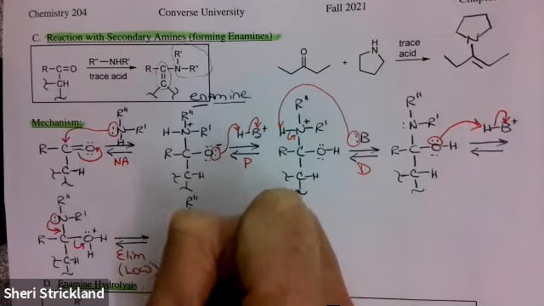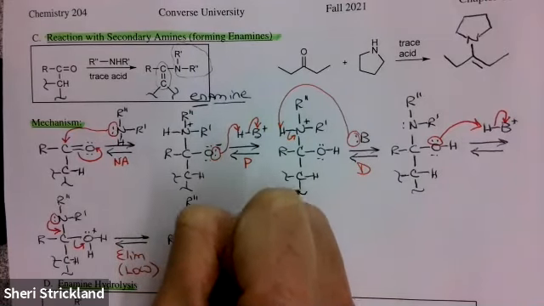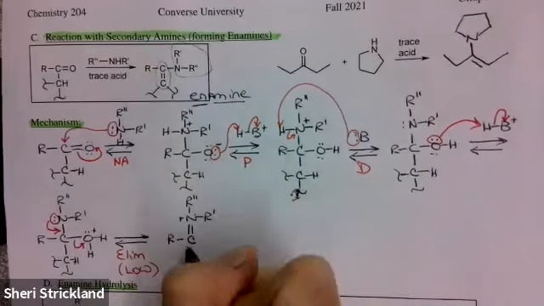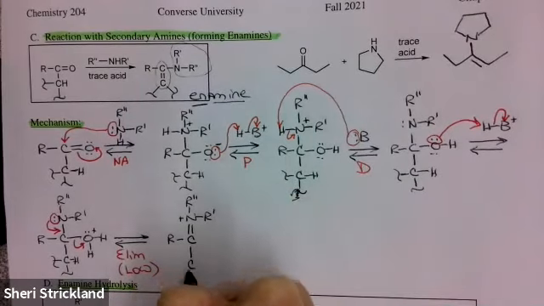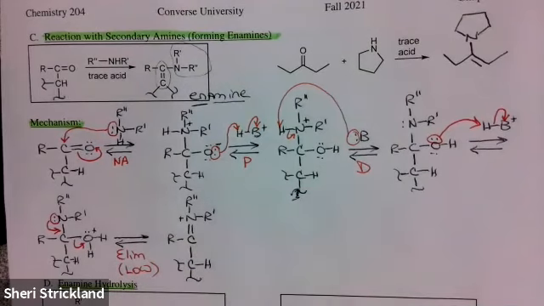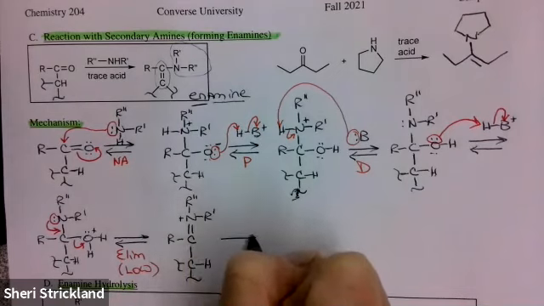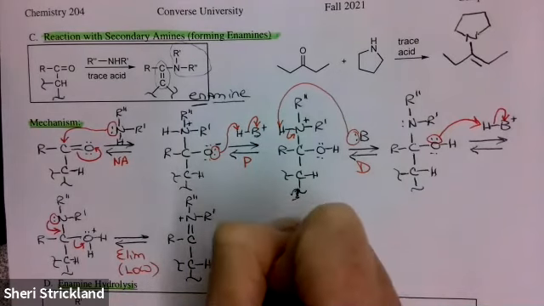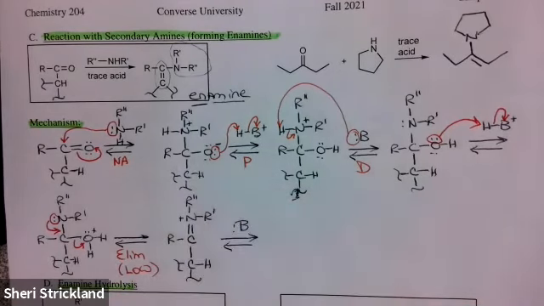But the problem is we've got a positive charge here on the nitrogen, but there isn't a hydrogen that can be removed in a deprotonation step. Instead, the deprotonation happens somewhere else. Where does it happen?